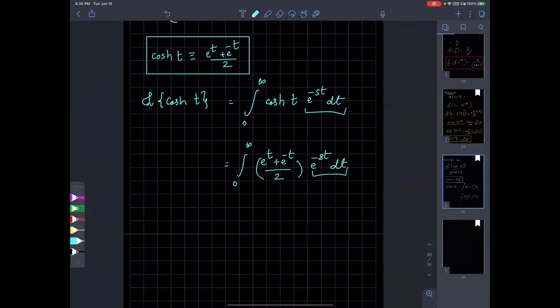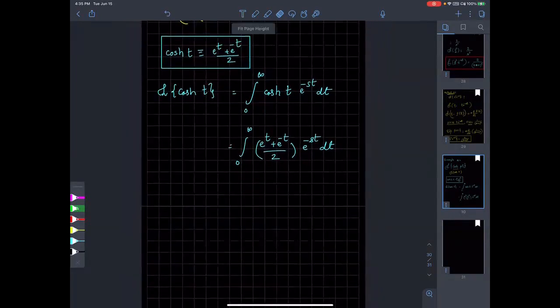Then you can do the integration and apply the limits of integration, and you'll find that the Laplace transform of cosh of t is s over s squared minus 1.